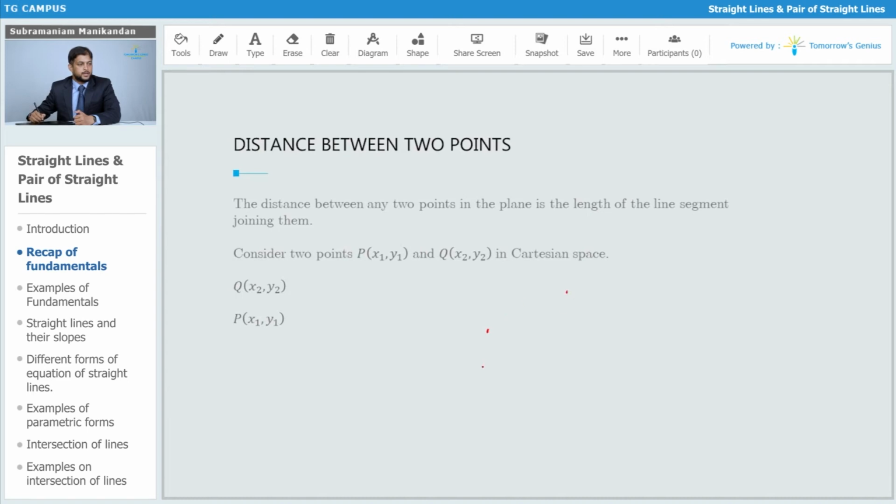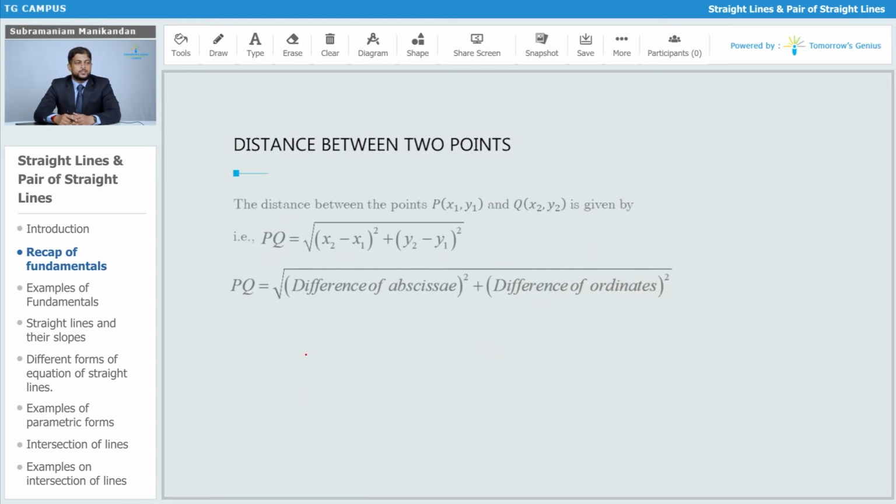This is the point P and this is the point Q. Then the line segment PQ is the shortest distance between these points, and if we call D as the length of this line segment, then D represents the distance between the points P and Q, and this is given by the distance formula.